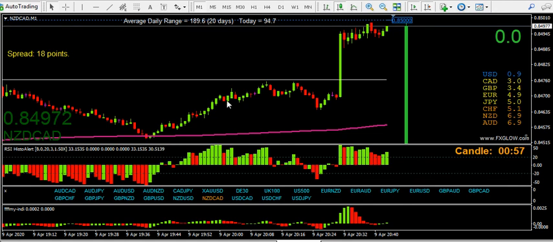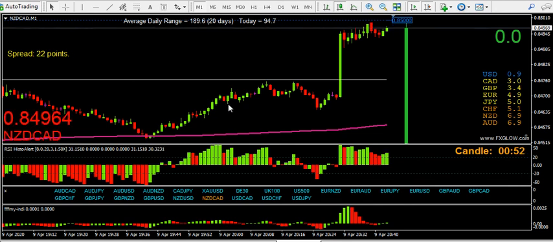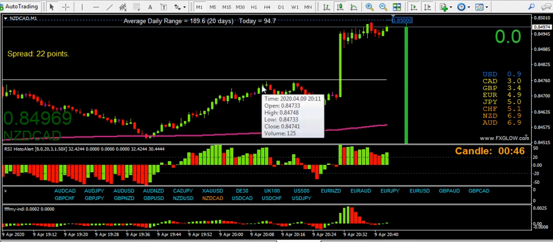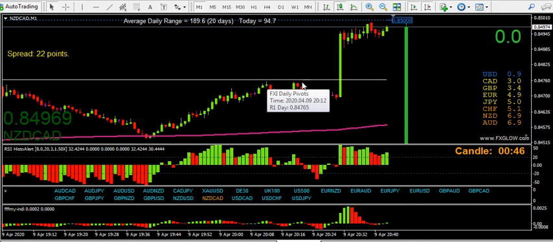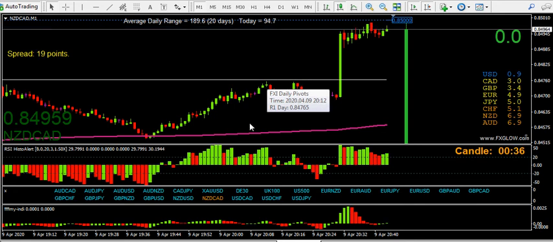Notice one didn't break and close here, didn't break and close here, didn't break and close here. The only time when it did break and close, high, low, high, high, low, high, high, high, low, low, high, low, low, and close, was when it actually went down a little bit. I don't recommend using 1-minute reversals, but they do follow the same rules.